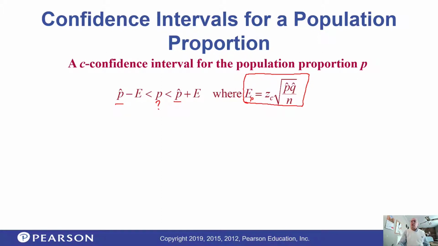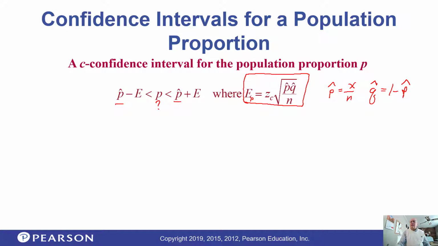z sub c should look familiar. Remember, that's the middle of your picture. p hat is what you got in your point estimate. And q hat, because it's just an estimate, is just 1 minus p hat.